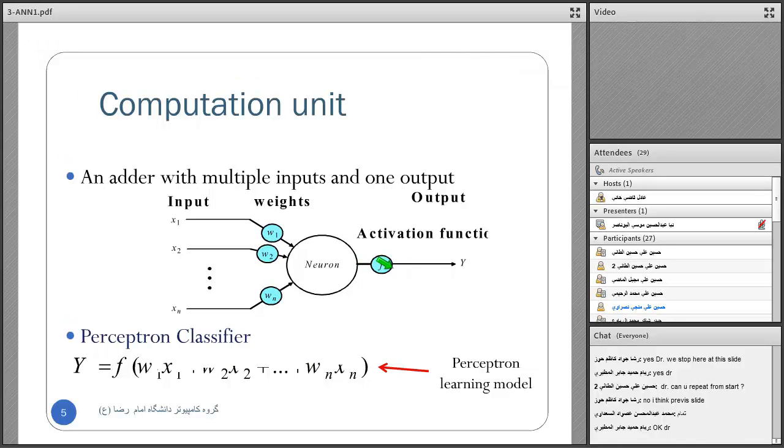This f is an activation function, it is invoked, and then we have the output. The output is the result of the activation function. So here we have the inputs, and here we have the outputs.